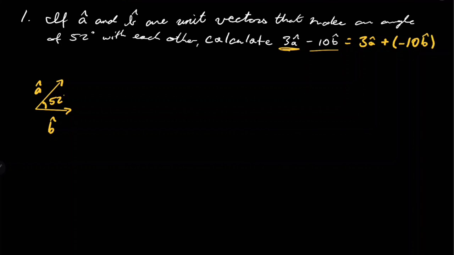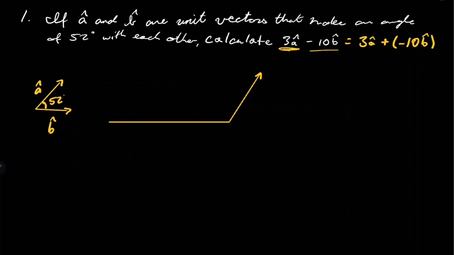So I'm going to draw on my 3 vector A right here. And I will also put on, that's long enough, right? No, that's not enough room. I'm going to move that over. Okay, and then I will draw on my vector B, which will have a magnitude that is 10 times longer than the other one.